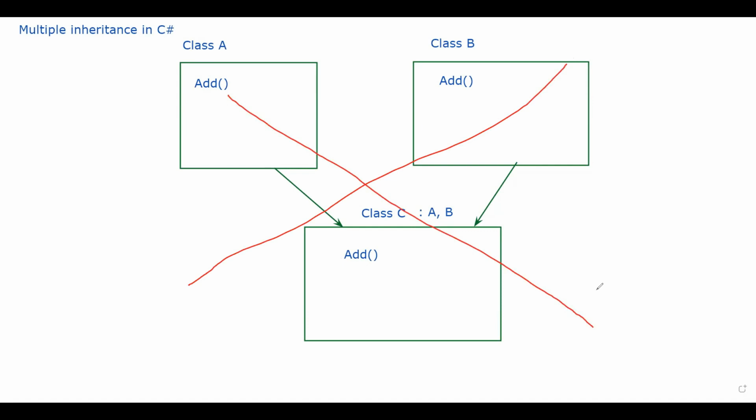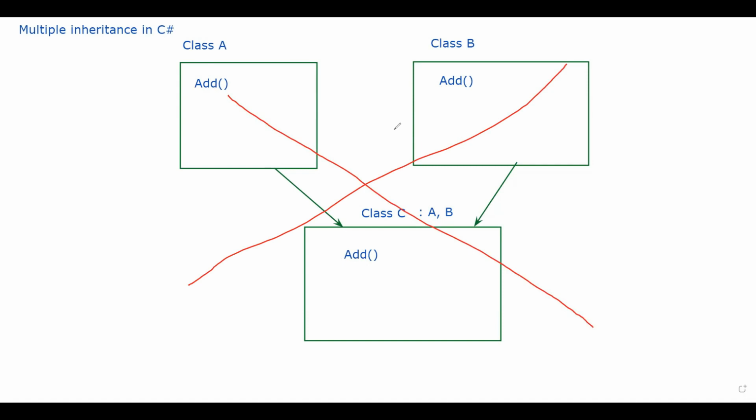Why? Because of the member conflict problem. What is the member conflict problem? For example, class A has a method, and class B also has the same method. When we try to access it in the derived class, it will try to access both methods at the same time. This situation is called the member conflict problem.